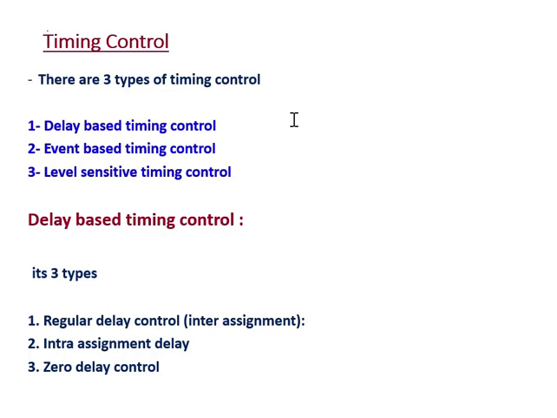So what is this timing control? In my previous lesson, delays in Verilog, I explained how delays are handled by different simulators, and that whenever we mention this hash token while writing HDL code, the simulator completely ignores it.